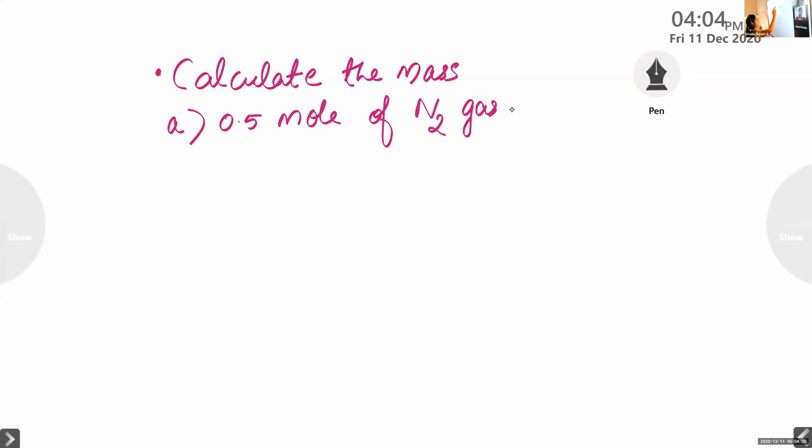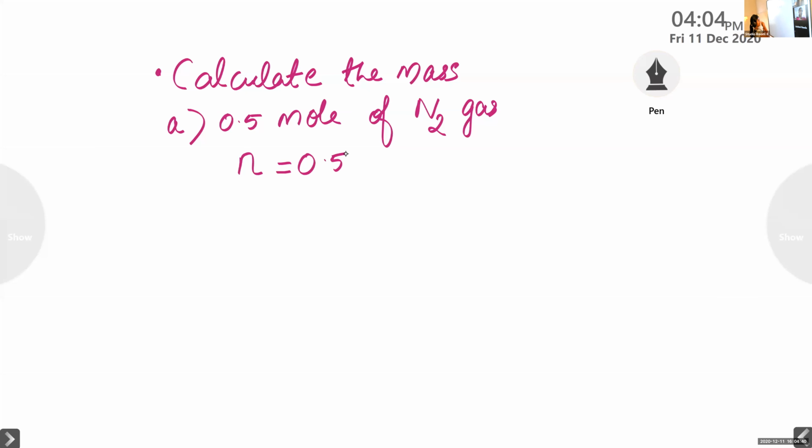We have to calculate the mass. So what is this 0.5 mole? Small letter n. Ma'am, n is equal to. Yeah, very good. This small letter n, the number of moles, is given as 0.5.